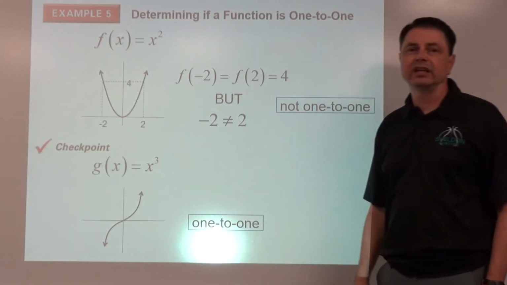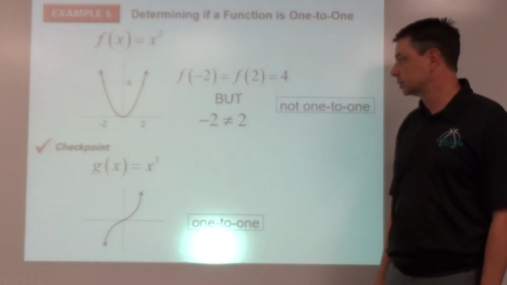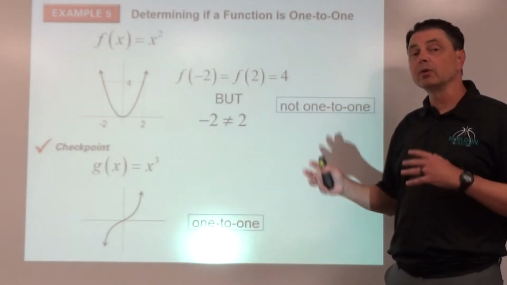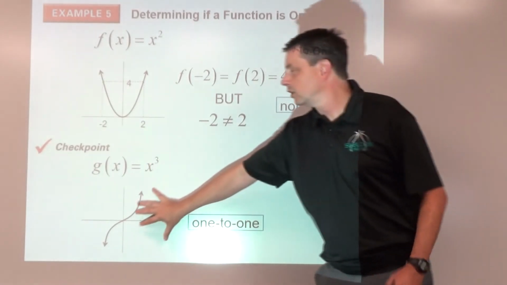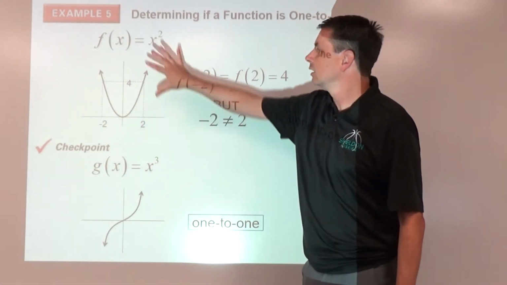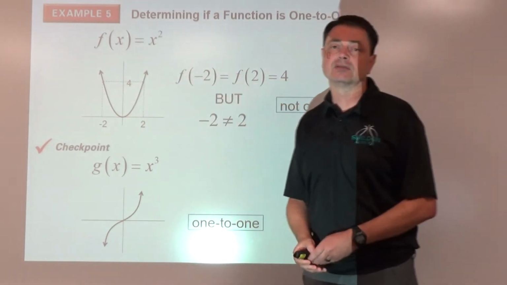And that means that it is going to be a one-to-one function. So remember, for inverse purposes, this function would have an inverse, this function would not have an inverse.